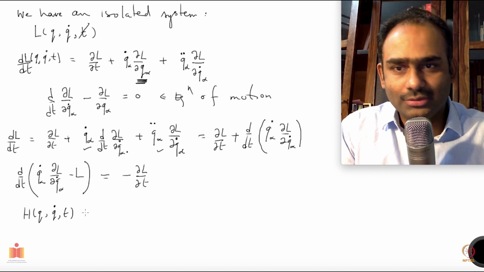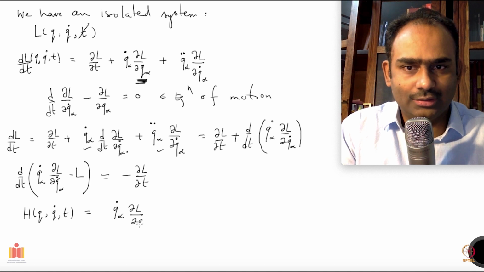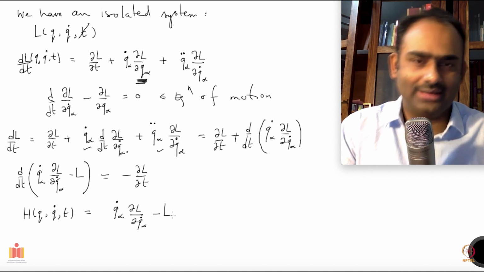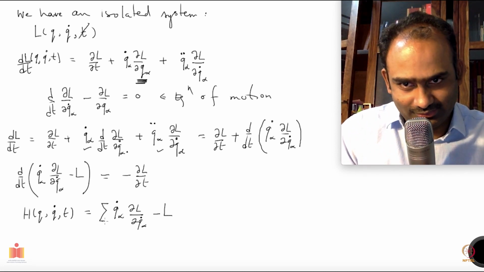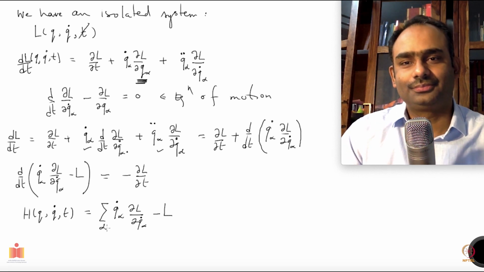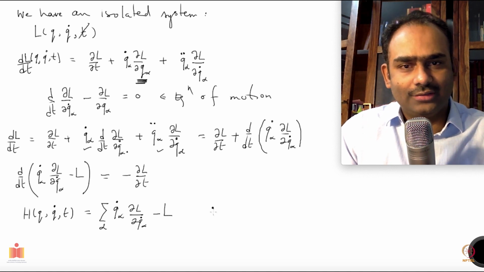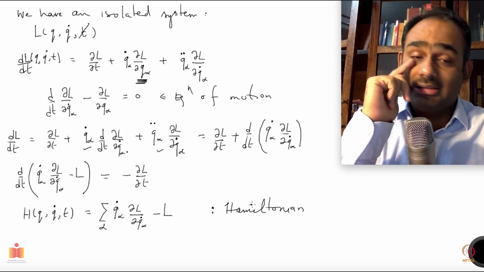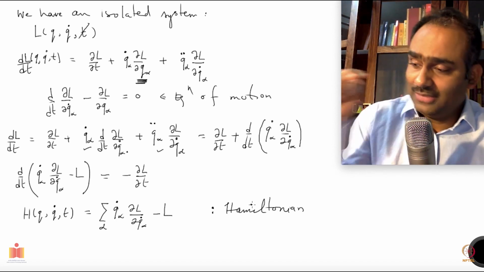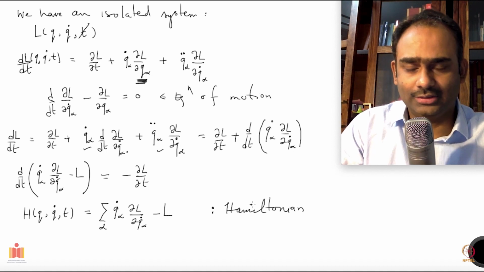So I define h of q, q dot, t to be q alpha dot del L over del q alpha dot minus L, and you're summing over all alpha. Okay, so this quantity is called the Hamiltonian of this system. Generally the Hamiltonian will have generalized momentum in its argument, but for now let's also call this a Hamiltonian.